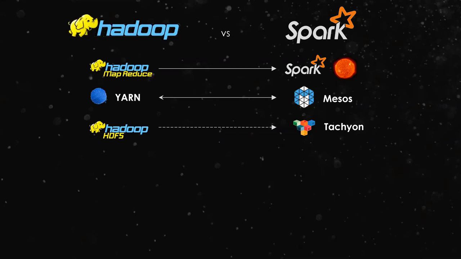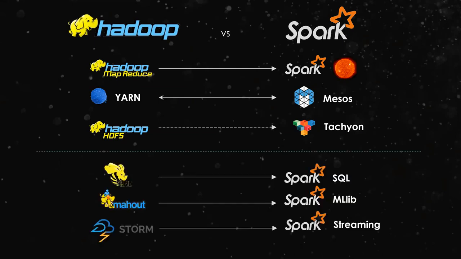And when it comes to the storage, if you're running on top of Hadoop, it will be HDFS. And the other engines, for example, like Hive. So on top of Hadoop, we already have a SQL engine called Hive. So this can be replaced by Spark SQL.